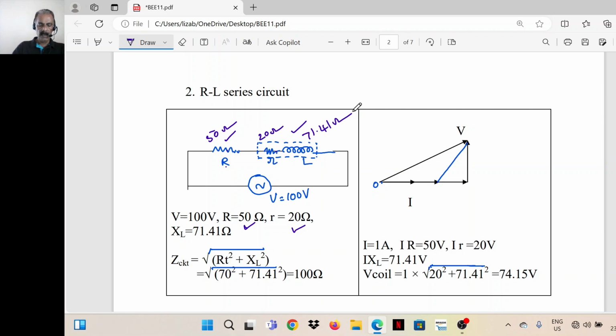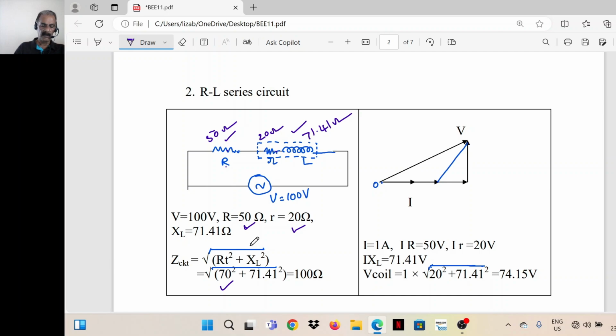The total impedance of the circuit is the square root of R square plus XL square. Here there are two resistances, one an external resistor and one the inherent resistance of the choke coil, so the total resistance is 70 ohms. When finding the circuit impedance, we consider the total resistance: square root of RT square plus XL square, where RT is 50 plus 20, 70.